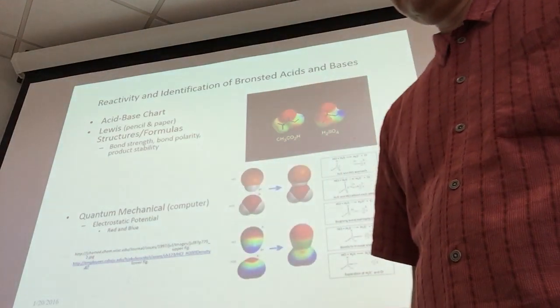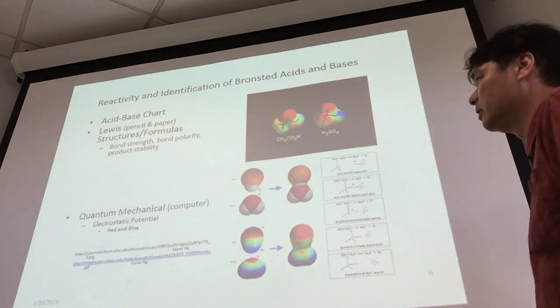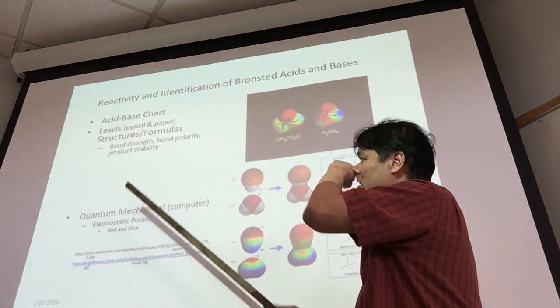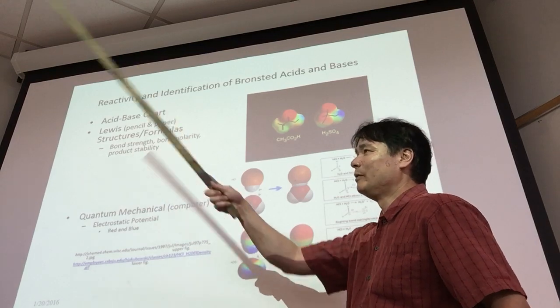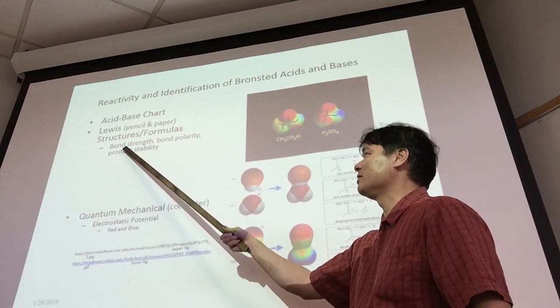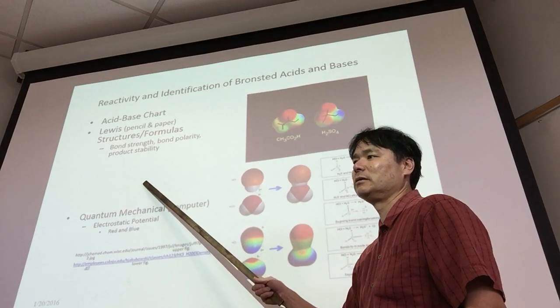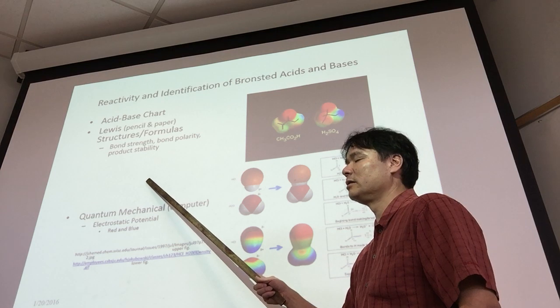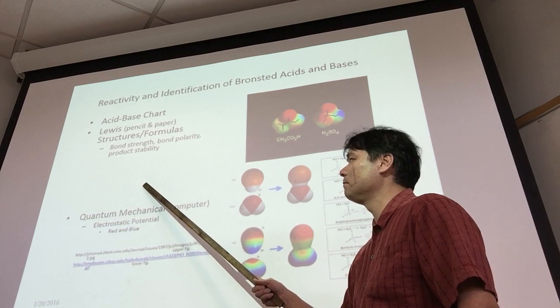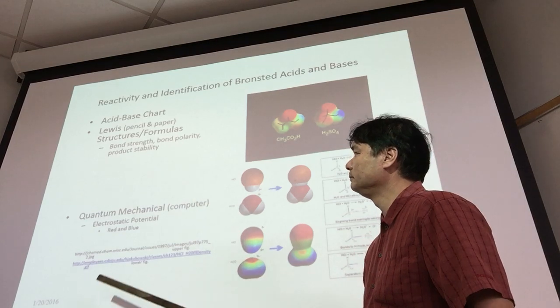We're not going to spend as much time though, so it's just going to be briefly reviewed. But these are the patterns we can find. When we look at that chart and look at the acid strengths, these are the patterns I see: bond strength, bond polarity, product stability, and there are others here too. But these ones you want to look for.